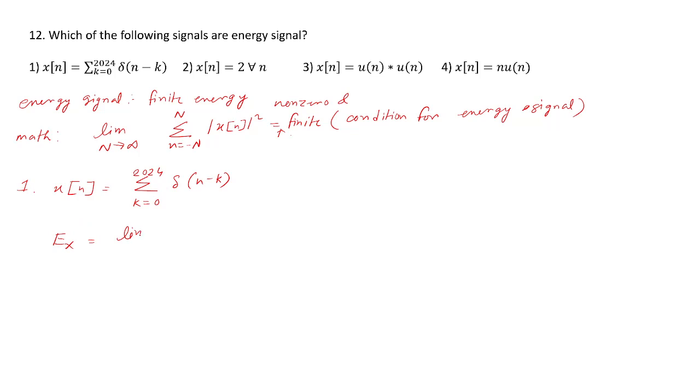We write limit N tends to infinity, summation small n runs from minus N to N, of the summation over k equal to 0 to 2024 of delta[n minus k], squared.